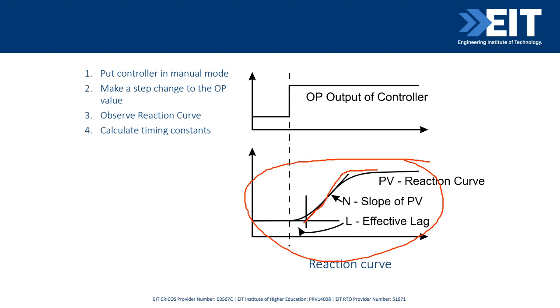And the slope. The slope, this is the process variable, is actually rise over run. So slope's obviously important, and for those of you that are mathematically inclined, you'll know it's a derivative. So this is called a reaction curve.